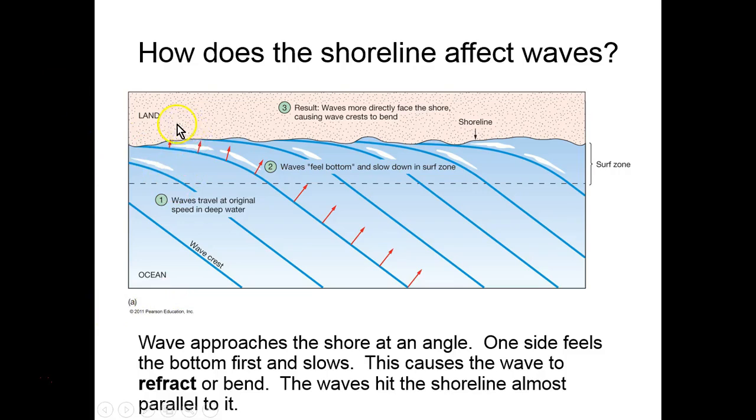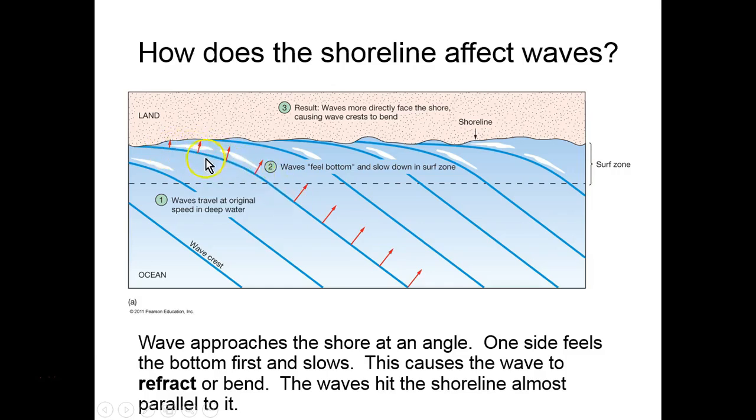So in this image here we have the land and here we have the water. Each blue line represents an individual wave in the wave train. You can see that the waves are coming from this direction. Okay, they're not coming directly onto the shoreline. But as one side of the wave is in shallower water over here near the shoreline, it essentially slows down and the wave bends.